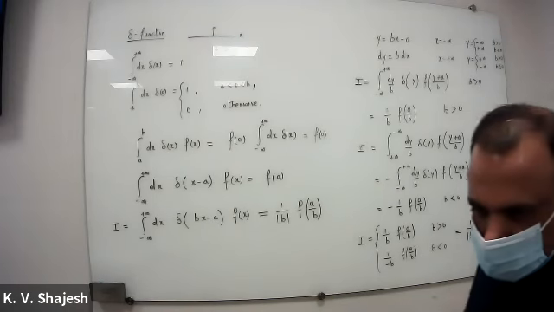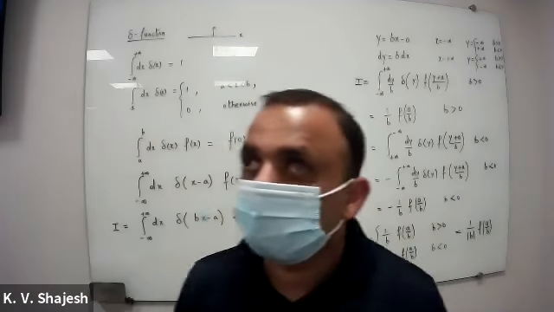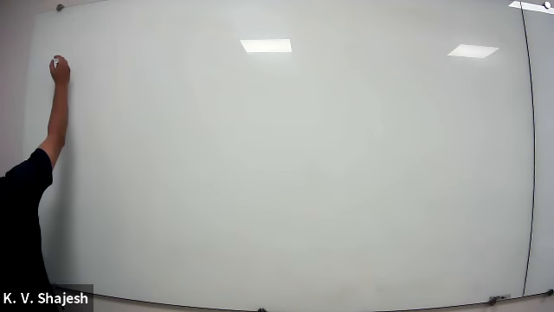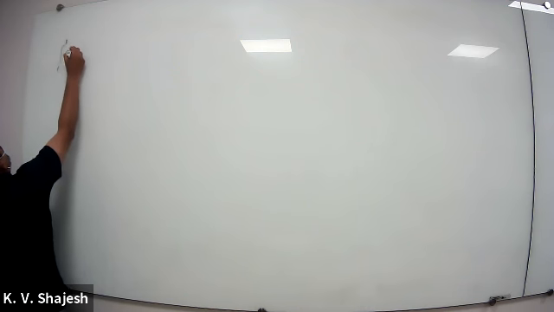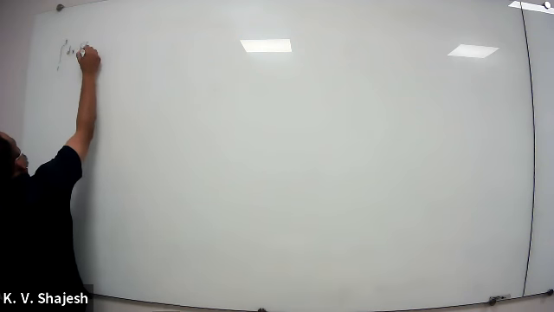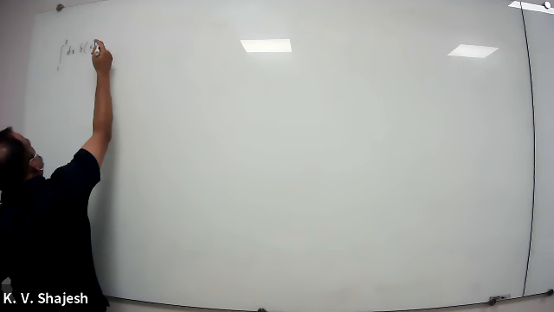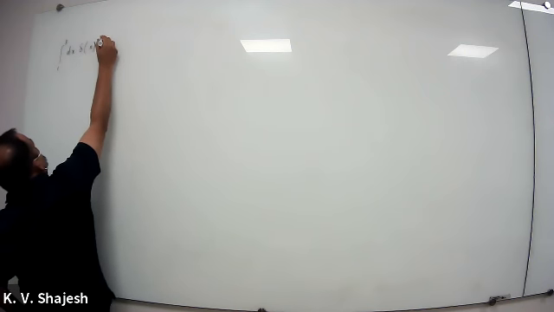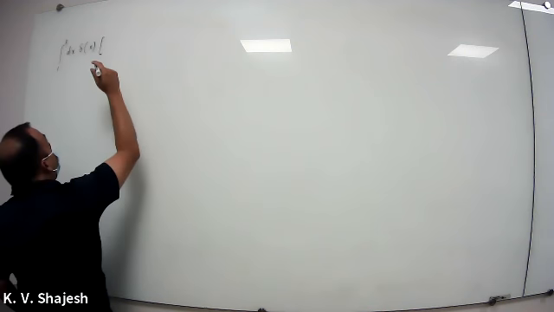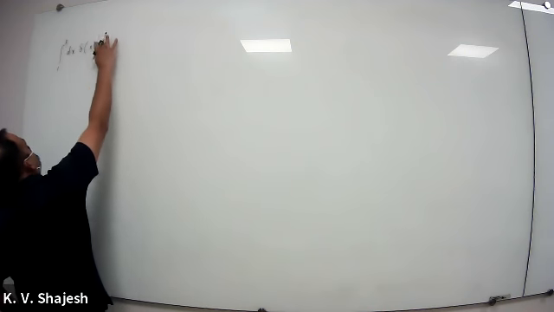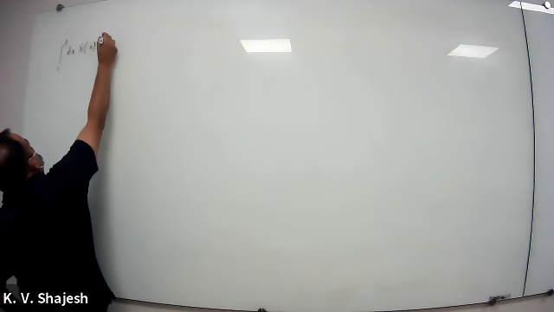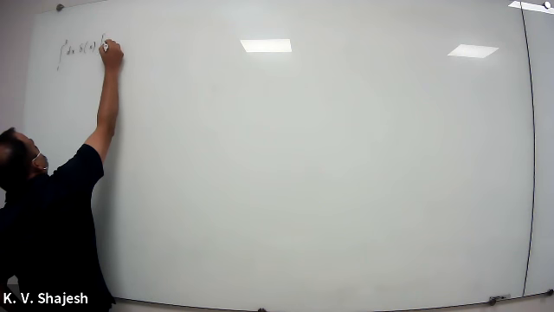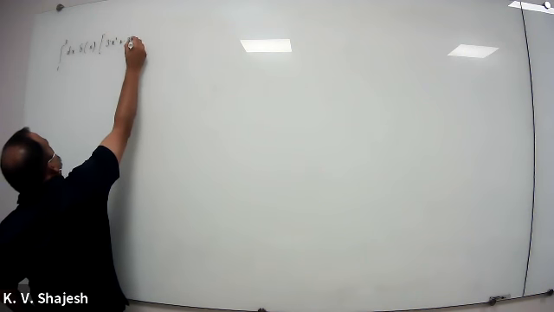So some examples immediately. So I can do, let's say, the integral from 1 to 3 of dx times delta of x times, let's keep our function always the same, just randomly some function 3x squared plus 2x plus 1.